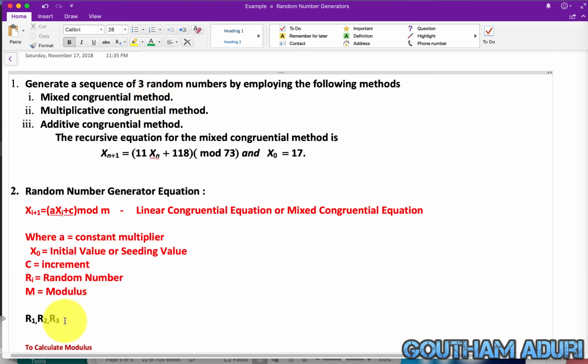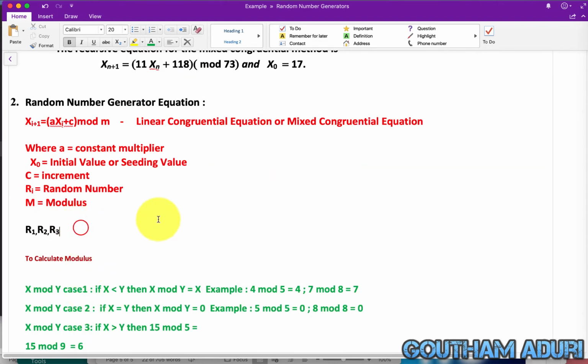In order to find r1, also ri, to calculate random numbers, there is a formula. So ri is nothing but xi divided by m.